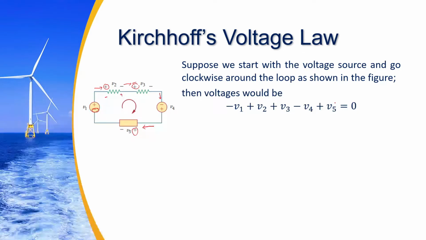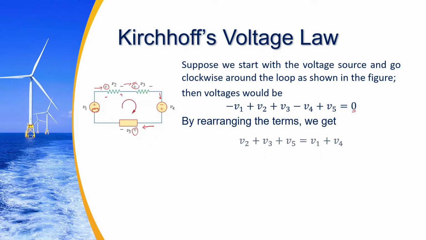And then, sabi sa rule, lahat ng voltages dun sa loop natin ay equivalent sa 0. So, by arranging the terms, ito yung makukuha natin. So, lahat ng pare-pareho yung sign, pinagsama-sama natin, at yung isa pang magkaparehas na sign, nilipat natin sa kabilang side.